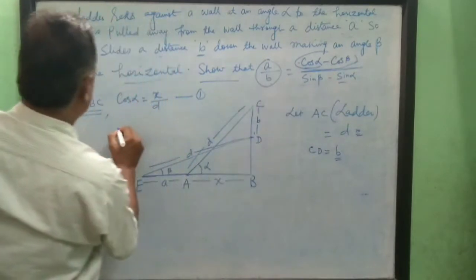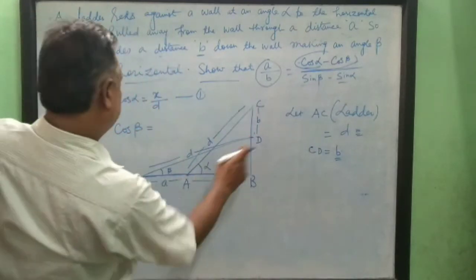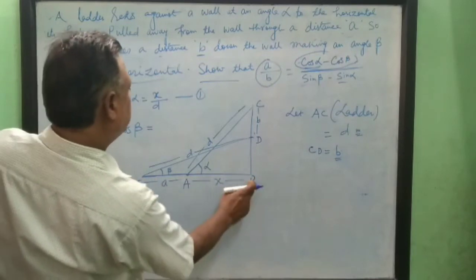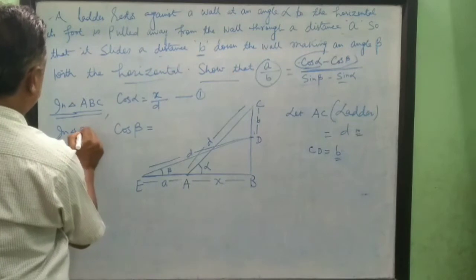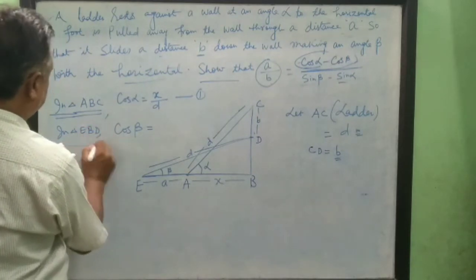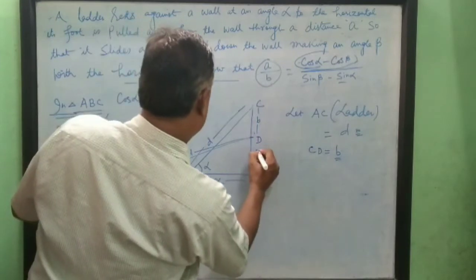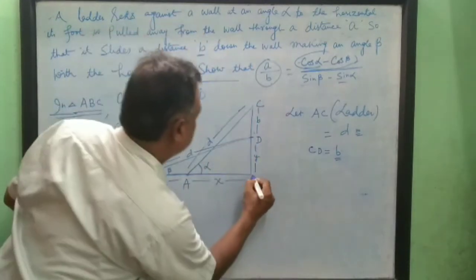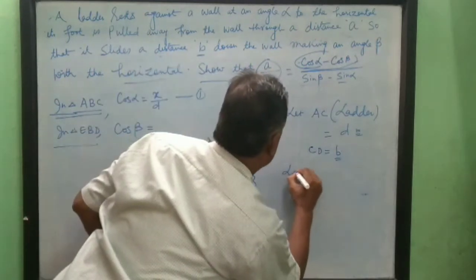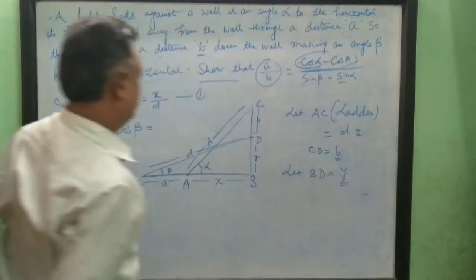And cos beta in triangle EBD, cos beta, and this portion is, suppose it is y. Suppose BD is equal to y.